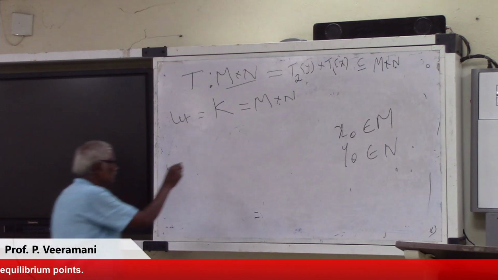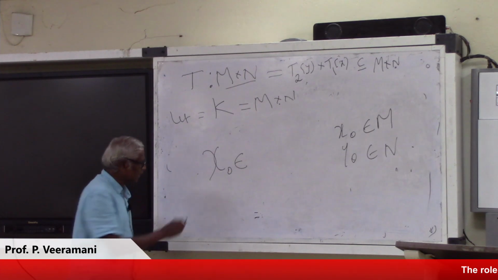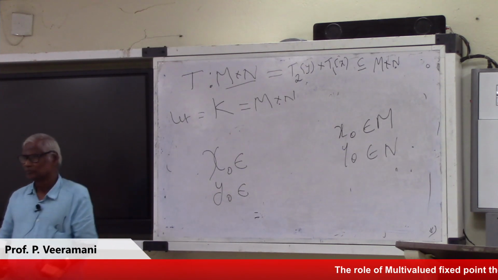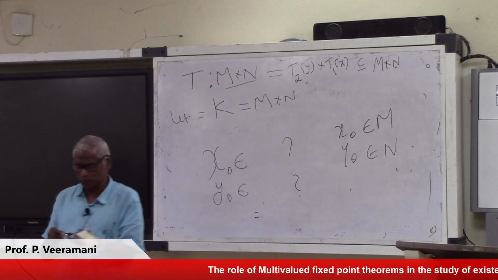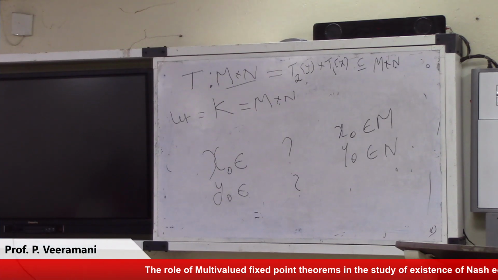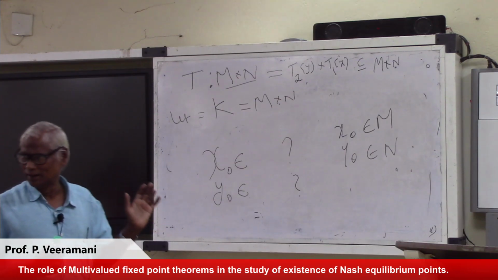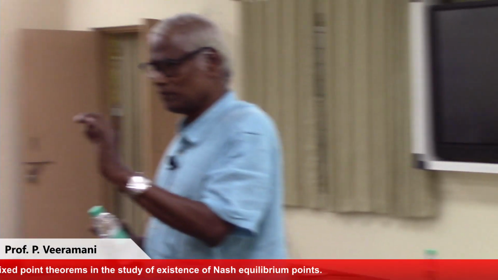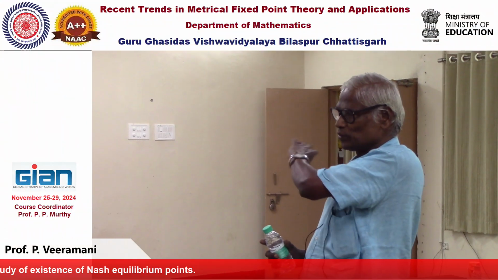That means where does x naught belong, and where does y naught belong? You tell this. You can take 1 minute, even 2. Is the question clear? If you have understood the definition of how we define T1 of x and T2 of y, the proof is over.